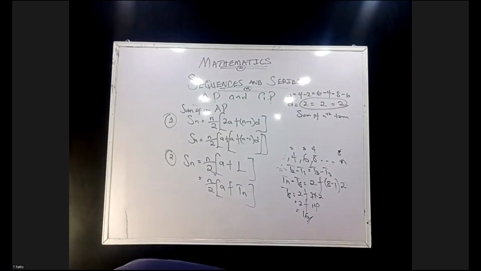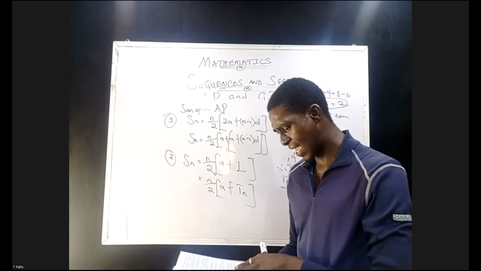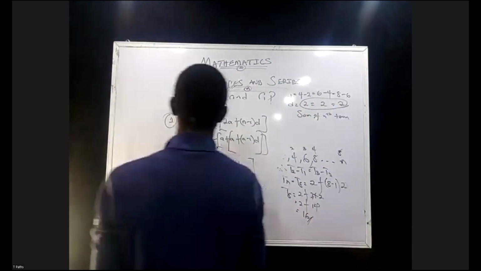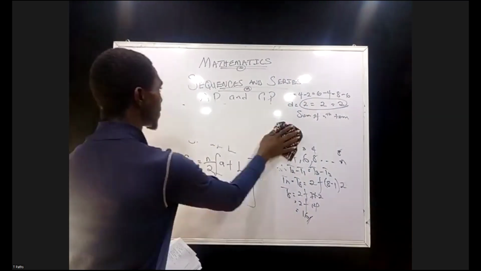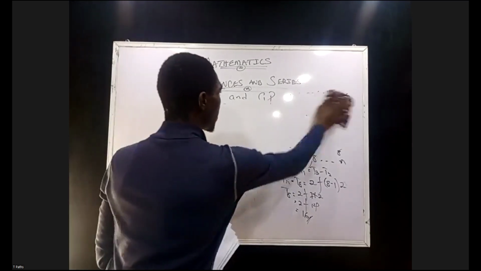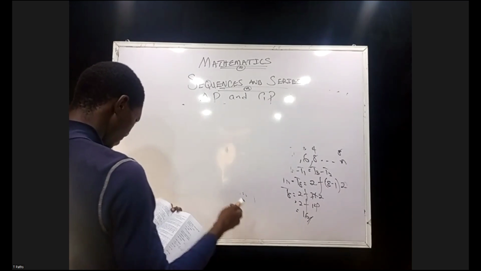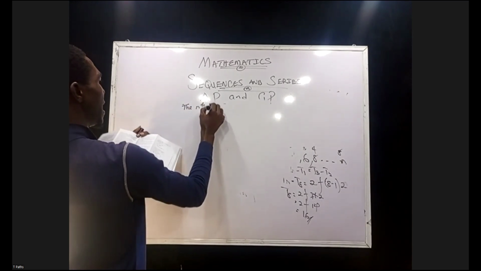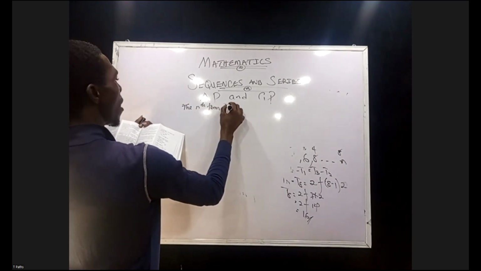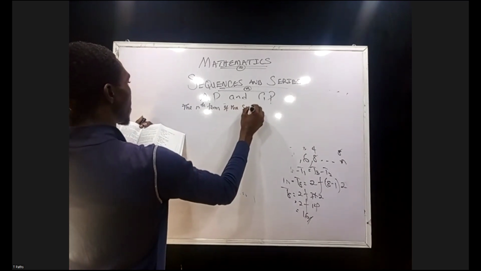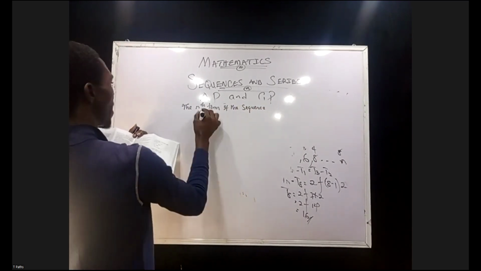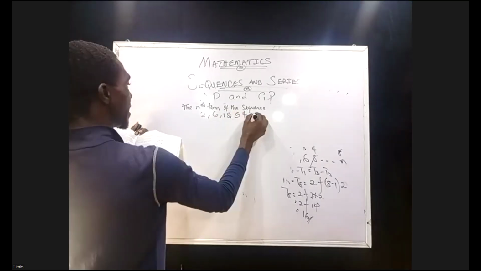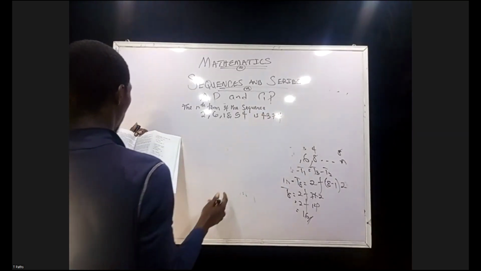Okay, checking up. I have page 57 of my past question here. The question says that the nth term of the sequence 2, 6, 18, 54 is 4374.